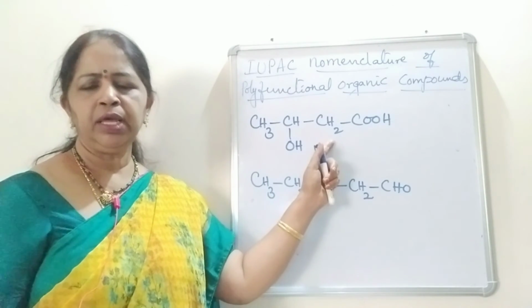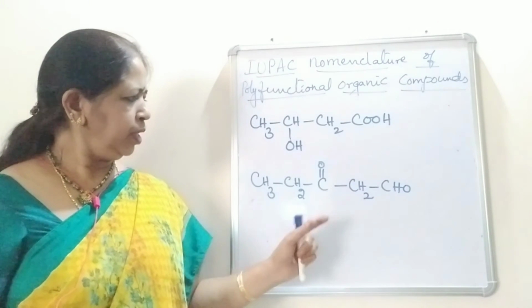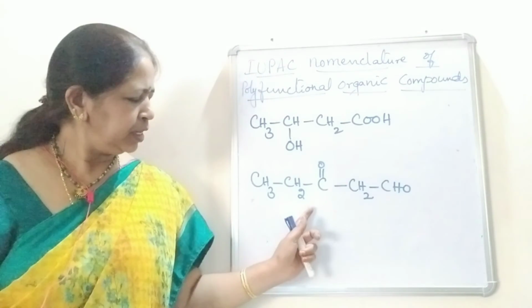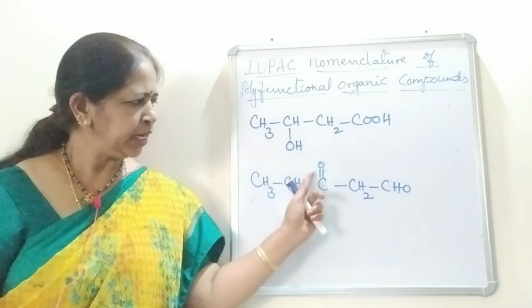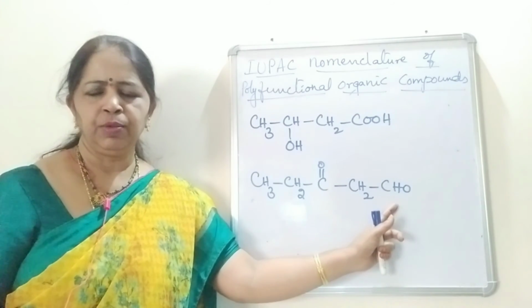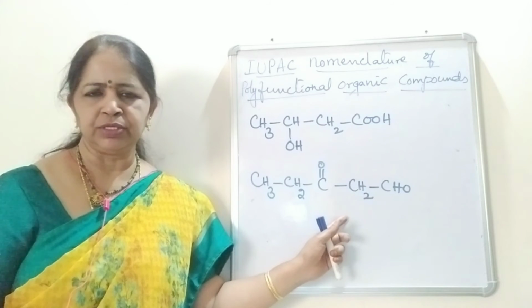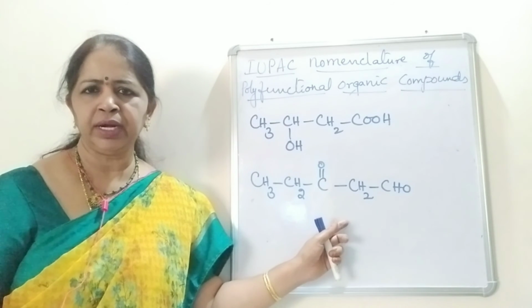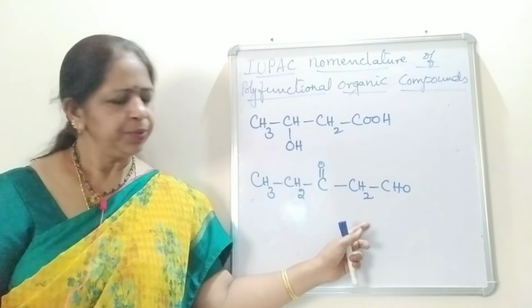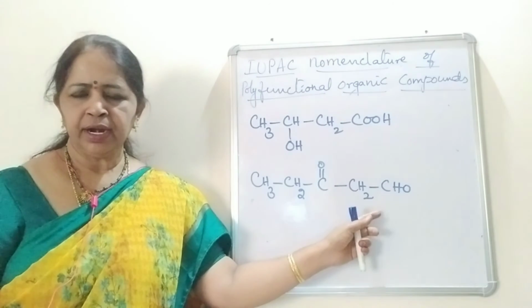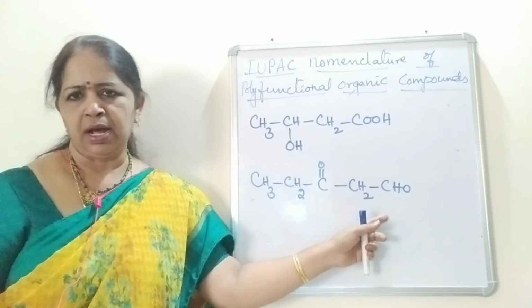3-hydroxybutanoic acid. Coming to the next one, this compound consists of both ketone and aldehyde. Both belong to the same class of compounds, that is the carbonyl compounds. But which will be given the priority? The aldehyde group. What is the secondary suffix for aldehyde? Al.